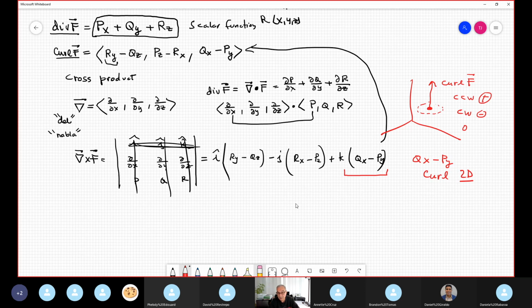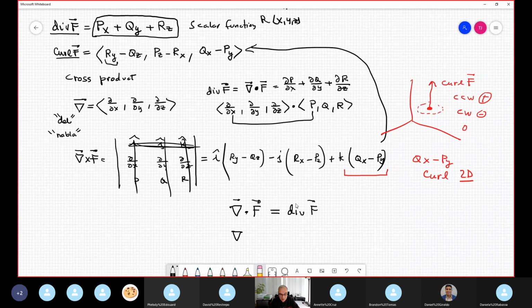It's exactly the same. So it's important, guys, that you understand the new notation using del. This is fantastic. We use it throughout. So when I write something like del dot F, this is equivalent to divergence.